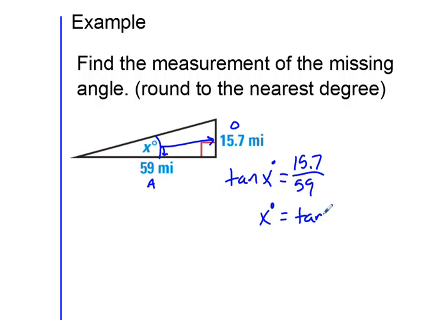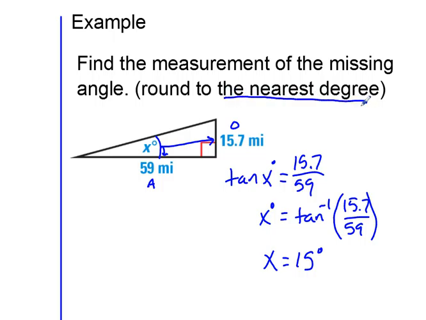So the inverse tangent of 15.7 over 59. Type this into your calculator and you would get approximately 15 degrees. We're rounding to the nearest degree, so make sure you look at the first decimal place and round it up or keep it the same depending upon if it's larger or smaller than 5.